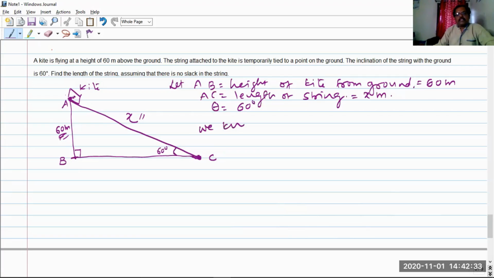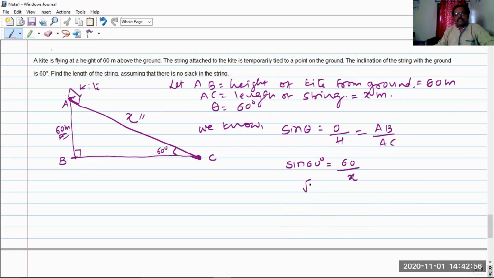So we can write the definition of sine theta. We know that sine theta is opposite by hypotenuse. The opposite side here is AB, the hypotenuse is AC. Theta is given as 60 degrees here. So sine 60 degrees equals AB, which is 60, over AC, which we need to find.